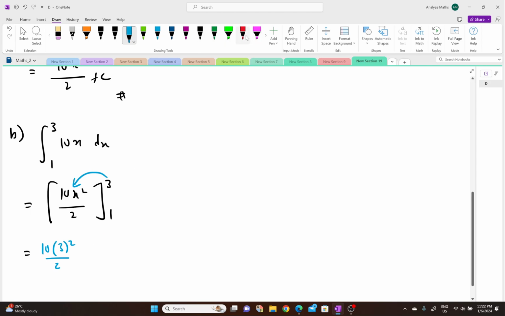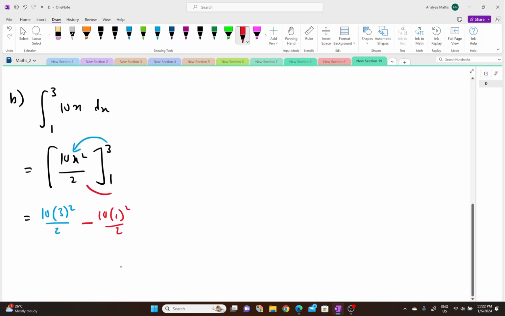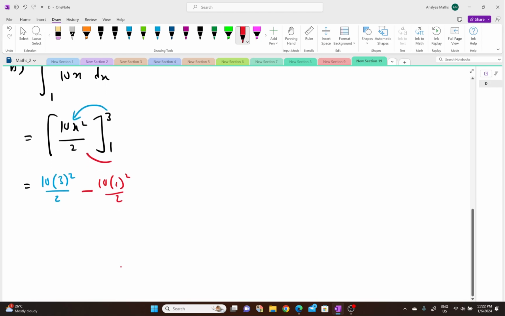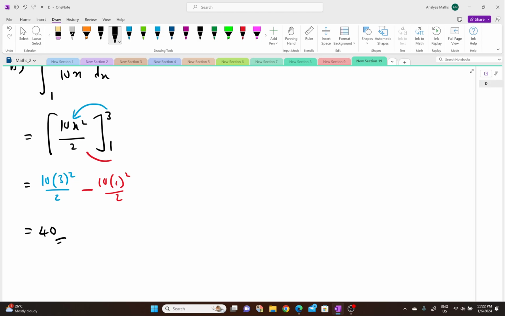And then replace the 1 inside here, always minus. You will end up with 40. That is the answer, 40.